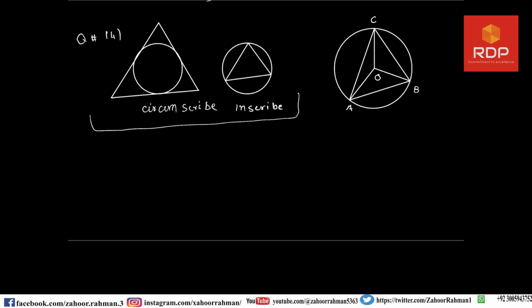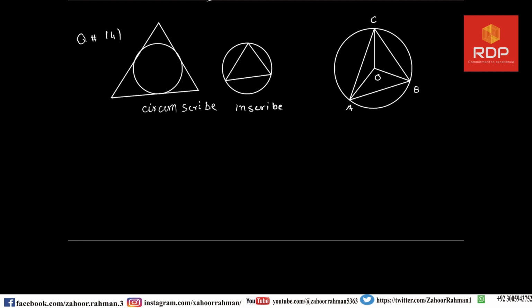So inscribe is given in the question, but circumscribe is also there. So let us differentiate first, but let us first understand what the question is actually saying. Ladies and gentlemen, the figure shows triangle ABC inscribed in a circle. Now, when a triangle is inside a circle, all the vertices of that triangle are touching points on the circle.